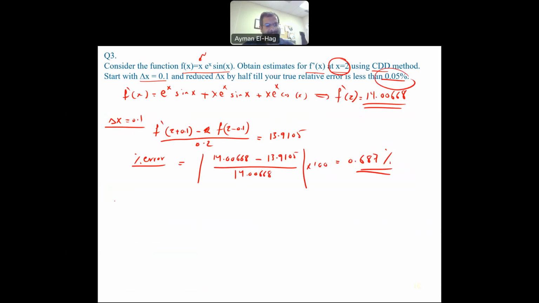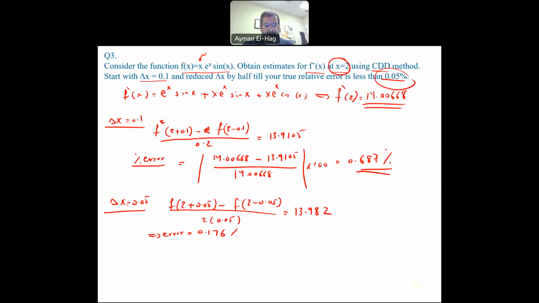Then we'll go for delta x equal to 0.05. Okay, and from this we will find basically your function f at 2 plus 0.05 minus the function at 2 minus 0.05 divided by 2 times 0.05, and when we substitute the values, we'll get 13.982, and from this you can find that your error is equal to 0.176%.